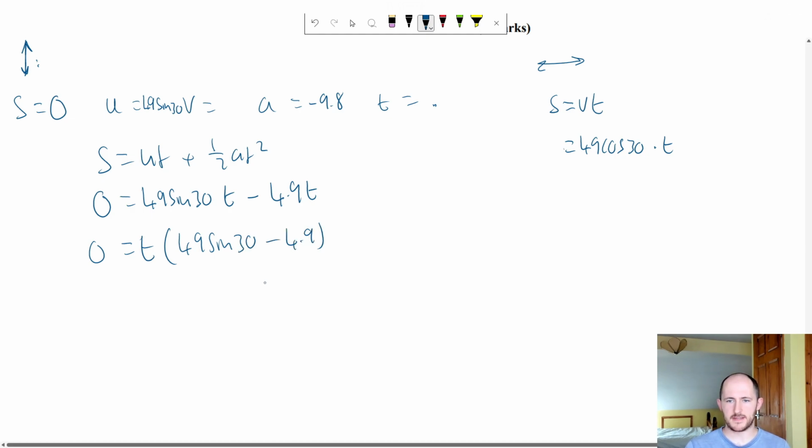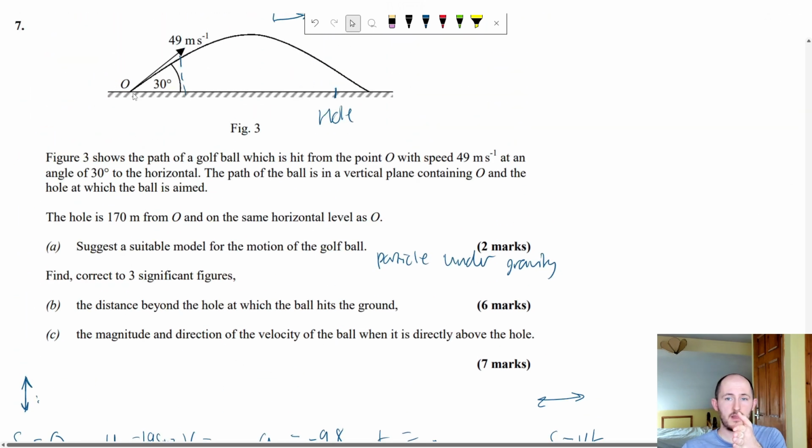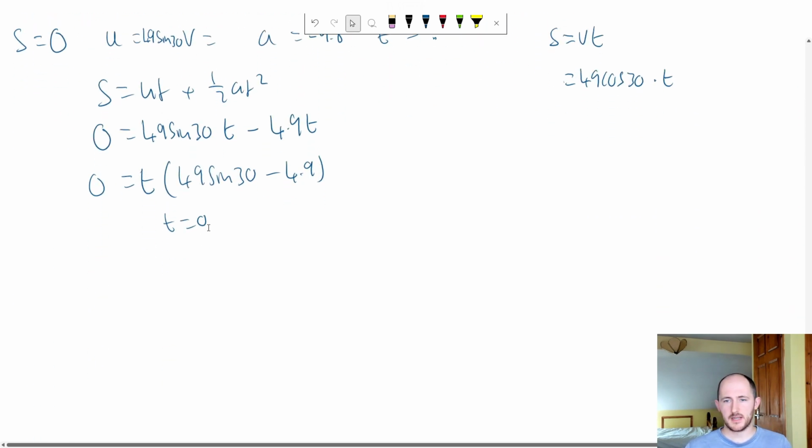So our first value for t is t equals 0, which makes sense because it starts off 0 meters from the ground. And the other value would be, if I write it out fully, we're looking for this equals 0. So that means 49 sine 30 over 4.9 is equal to t.